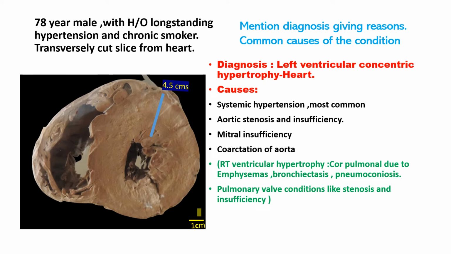So there is outflow obstruction from the right ventricle to the lungs. Pulmonary valve conditions like stenosis and insufficiency may also give rise to right ventricular hypertrophy. But remember, this specimen particularly is of concentric left ventricular hypertrophy.